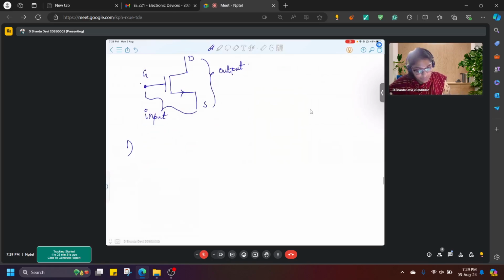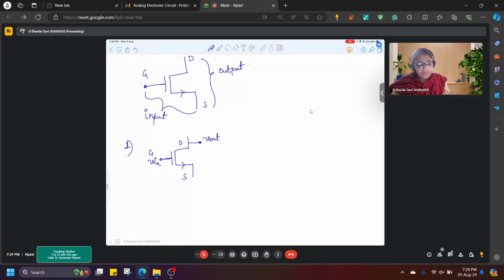So first, if we talk about the first configuration, let's say you are giving input to the gate. So here you give your input. This is drain, this is source. You take output from the drain.